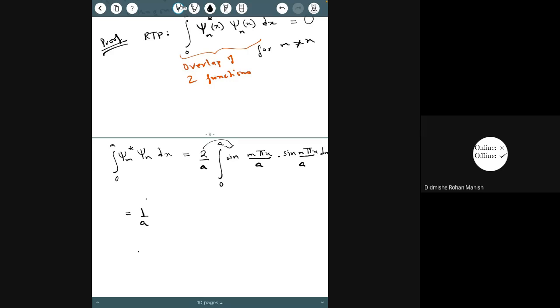We have 1 by a, integration 0 to a, of cos((m minus n) pi x by a) minus cos((m plus n) pi x by a) dx.